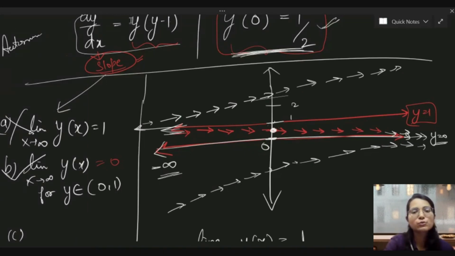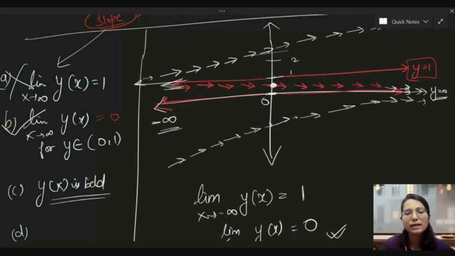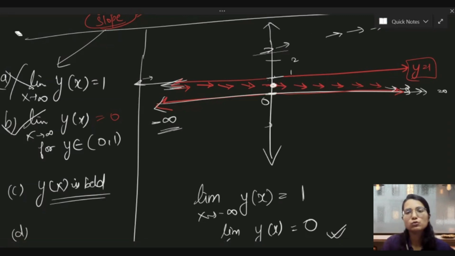So they have asked you, are the solutions bounded? C option was, if y(x) is bounded. You won't have to do this calculation; that depends on the question. I just forgot about it. Thank you for clearing that up.